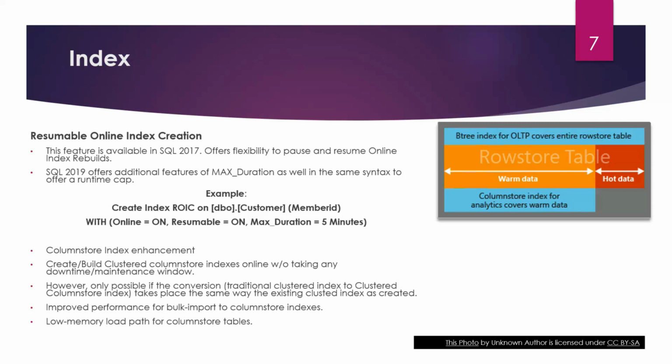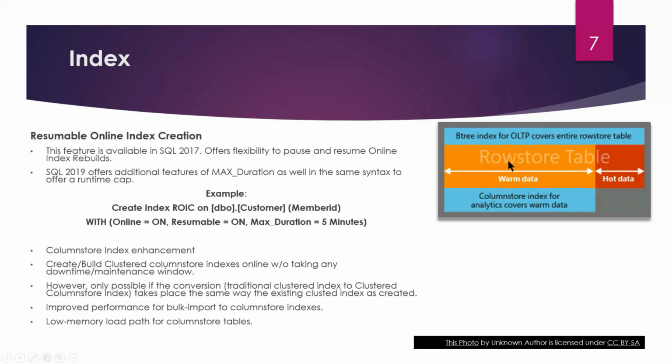Also, it improved the performance for bulk import to columnstore indexes. And the last feature which we saw is the low memory load path for columnstore indexes, which is very good. If you have a data warehousing application where you need to frequently use the columnstore index for improved performance, you can always try the enhanced features offered in 2019.